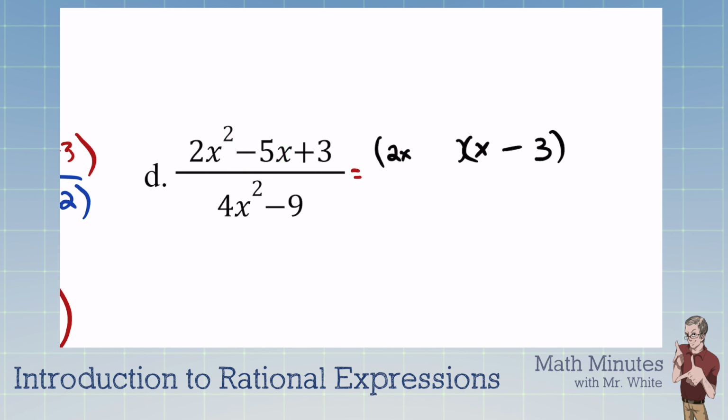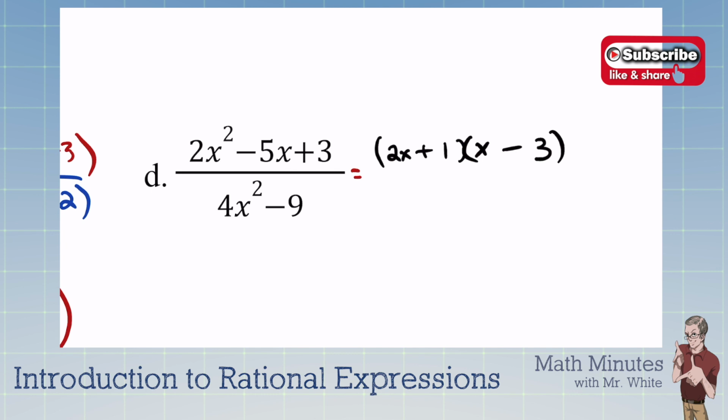But I really need the 6 to be negative, and the last to be positive. So, well, actually that doesn't work, does it? Because this is positive 3 here. So we got to go back to the drawing board, folks.